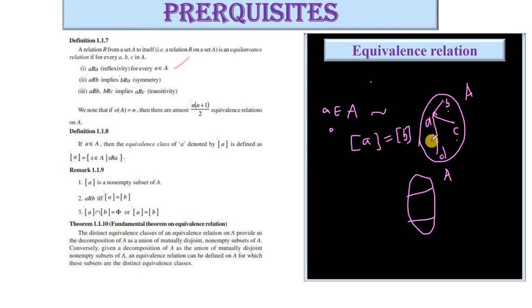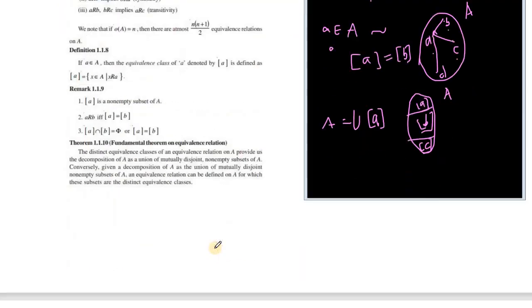When they are related, the equivalence class will be the same. Otherwise they are disjoint. And not only that, suppose I have this as class a, this as class b, and this as class c, then A is the union of all those equivalence classes which are disjoint. So that is what the fundamental theorem on equivalence relation says.